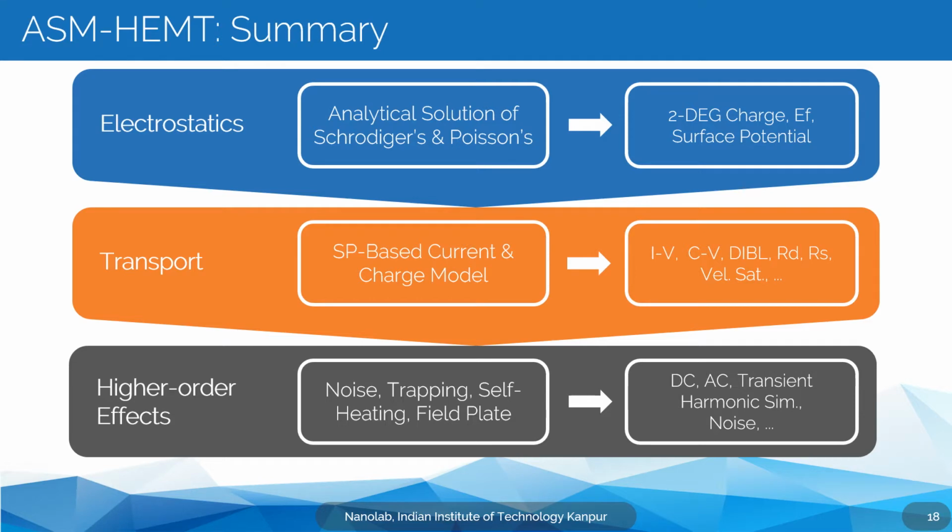We get the IV, CV, and all the second-order effects. Then we have some higher-order effects like noise, trapping, self-heating, and field plates for power devices, which are then incorporated, and they help us emulate a real live device.